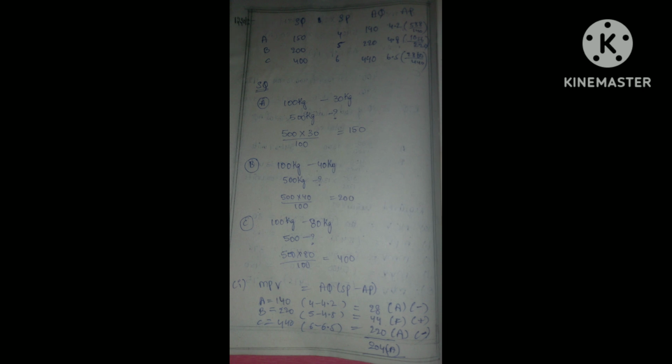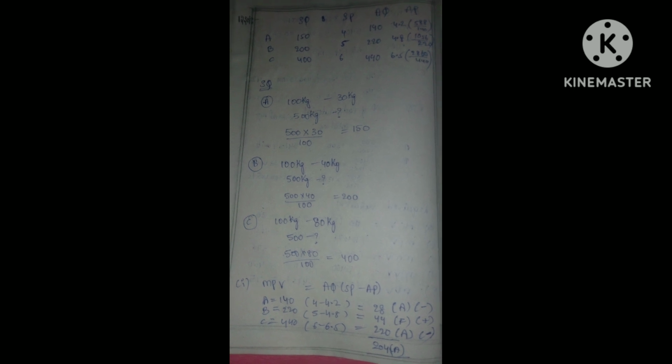So 1056 divided by 220 we get 4.8, that is the actual price of chemical B. For chemical C, the quantity is 440 and the cost is 2860. So 2860 divided by 440 we get 6.5, that is the actual price of chemical C.